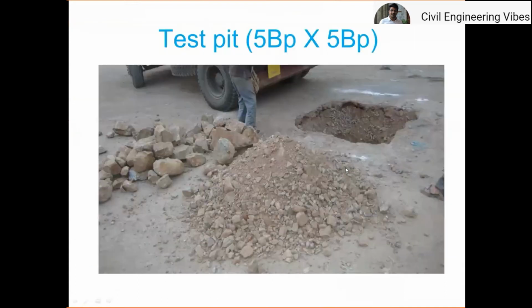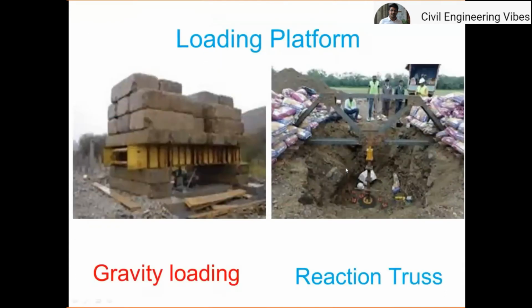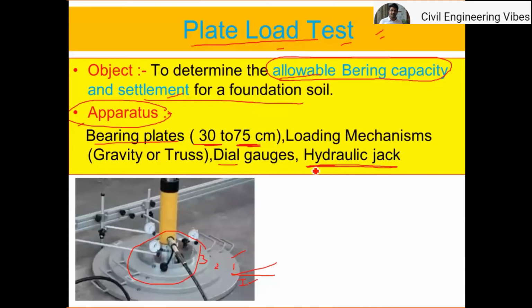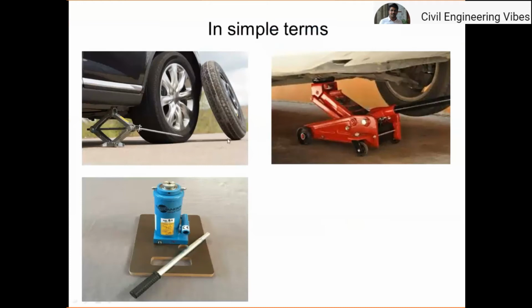Next, coming to the loading mechanism. The loading mechanisms are gravity loading and the reaction truss. Next is the hydraulic jack to impose the pressure, and the dial gauge to know the bearing plate settlement. With an example, I want to explain the plate load test mechanism in a simple manner. We are very familiar with the jack used to change the stepney. Firm and rigid contact is necessary to uplift the car effectively.